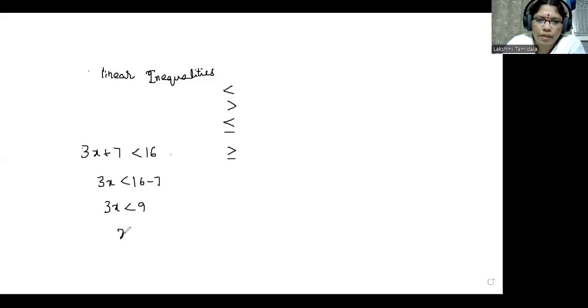That becomes x is less than 9 over 3. As it is multiplying here, on this side it is dividing. So x is less than 3. This is the solution. So we do the same thing. Whatever we have done in the case of linear equations, we do the same thing in the case of linear inequalities. Okay.